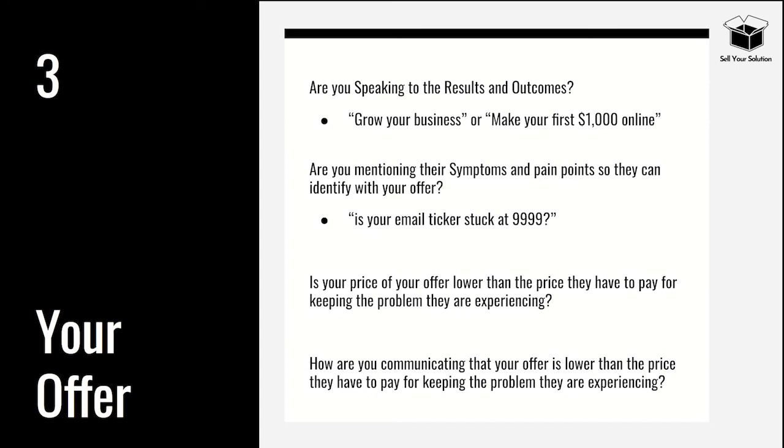And then fourth, most importantly, even though you might know in your head that your offer price is lower than the price that they have to pay for keeping the problem, are you communicating that effectively? How are you communicating that? Are you communicating it in their language? For example, some people might just think about money.